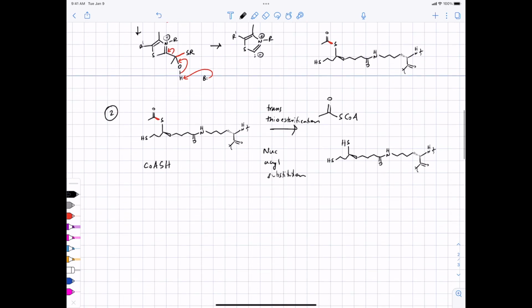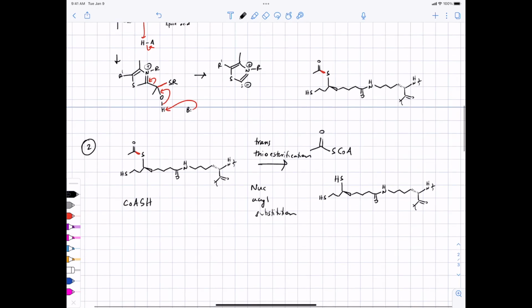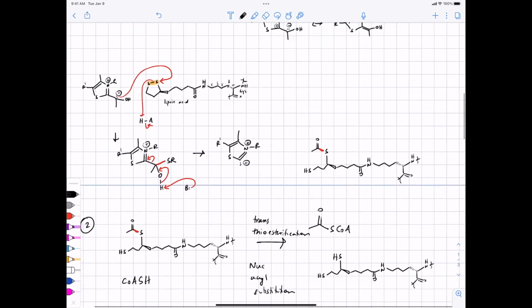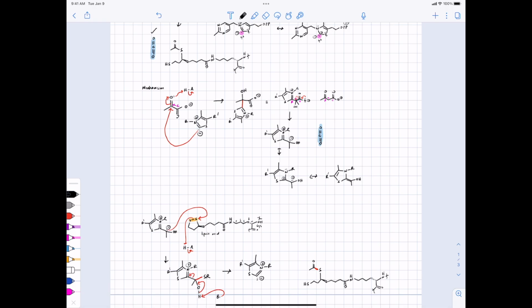Step 2 was going from the thioester we have to the thioester we want. We haven't generated NADH yet. Good, what else?